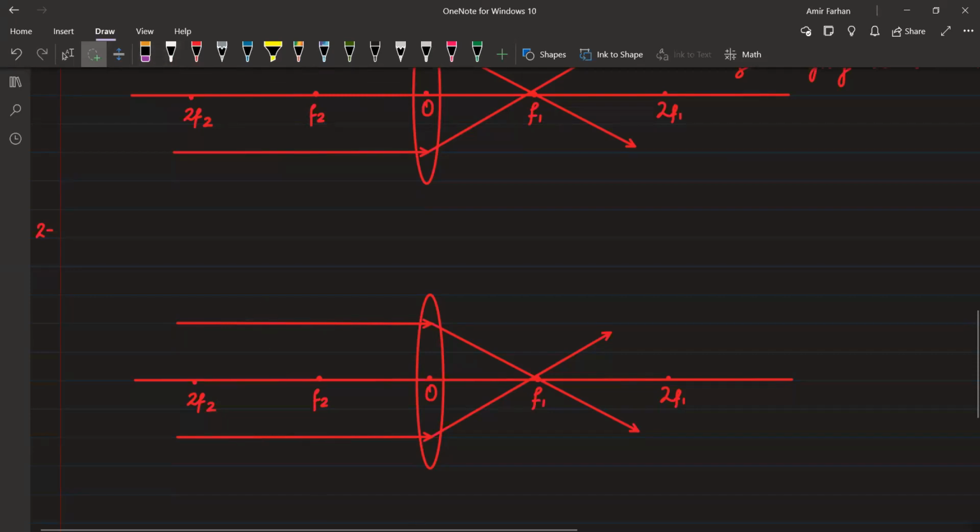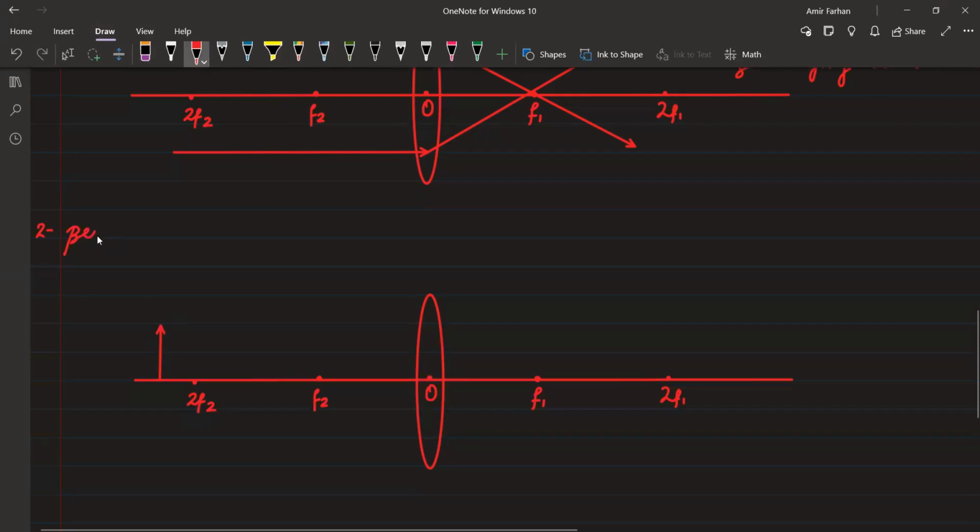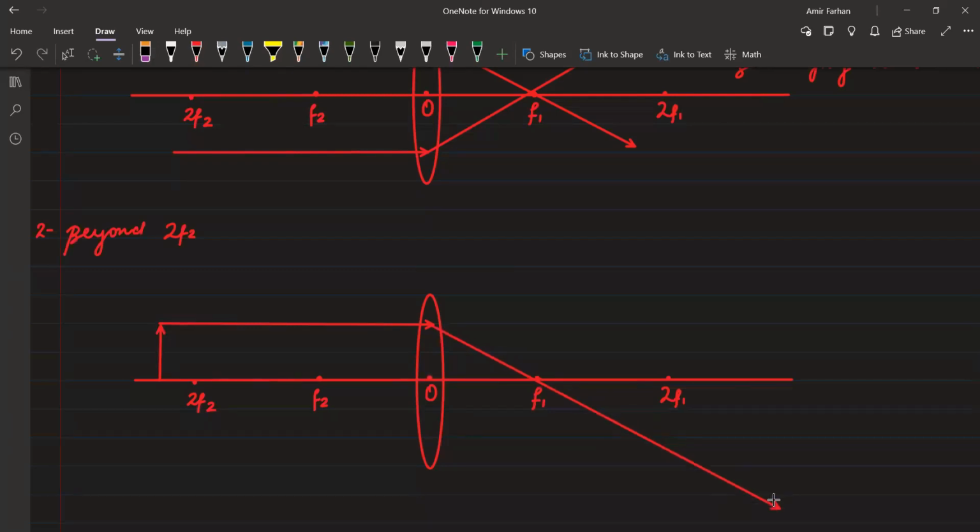So the object is placed beyond 2f2. The first ray should always be parallel to the principal axis and it will pass through the focus.